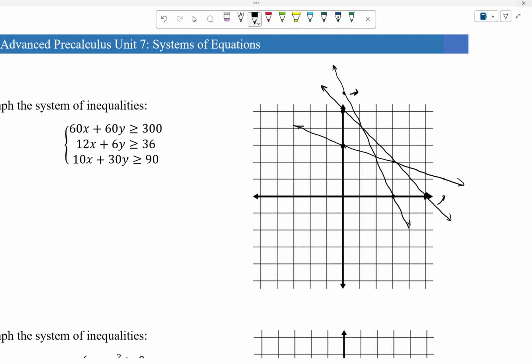And once again, we're shading above, which is upper right still.